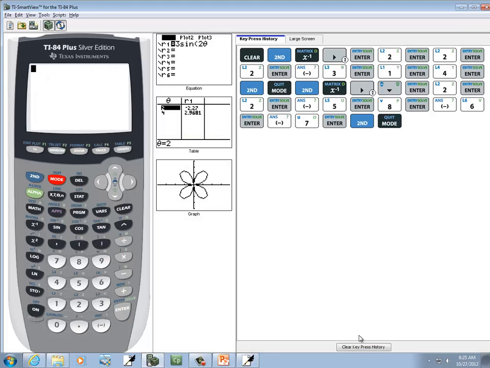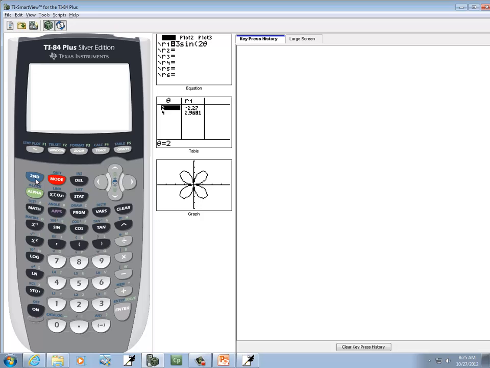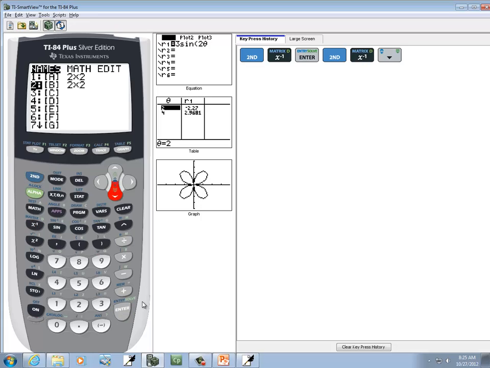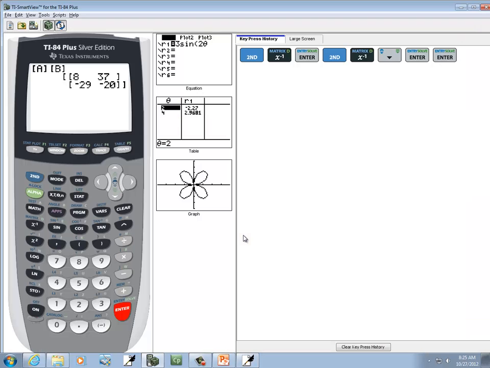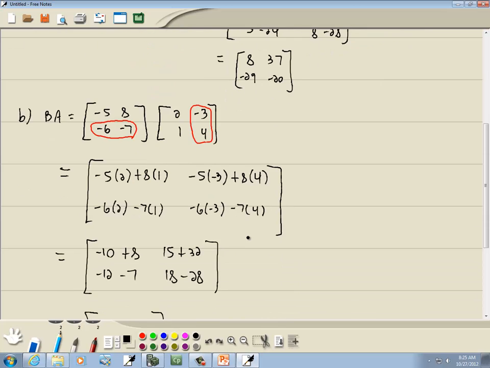And now we're ready to do our multiplication. A times B. So do second x -1, enter on A, then go back to my matrix menu, second x -1, down arrow to B, and press enter, and then press enter again. 8, 37, -29, -20. So that checks.